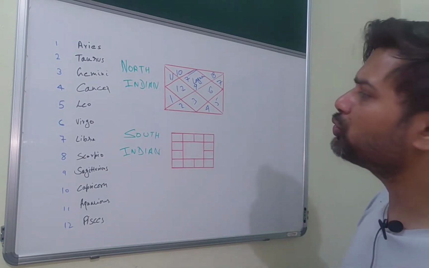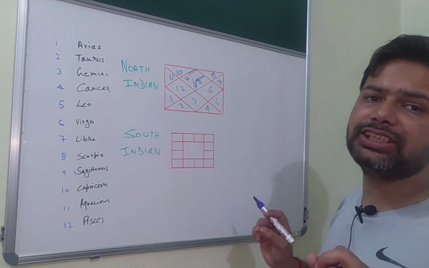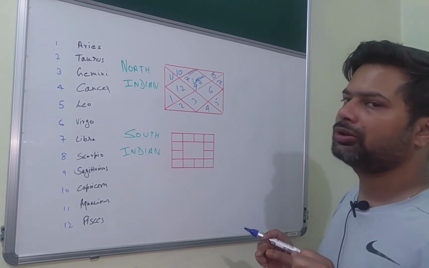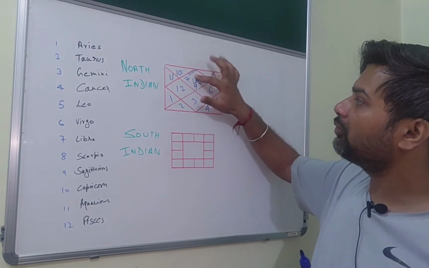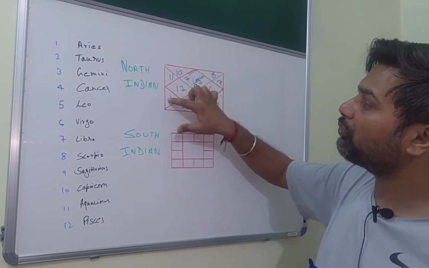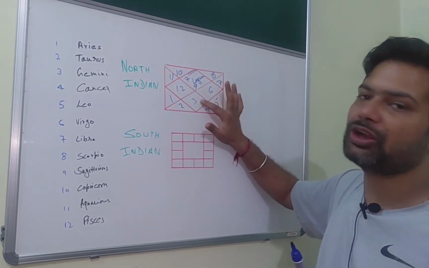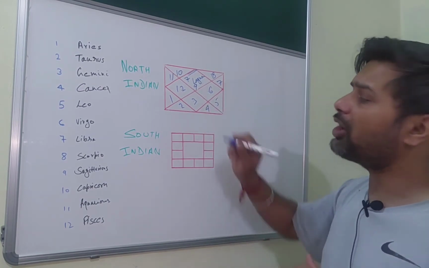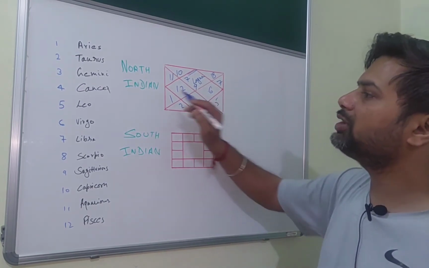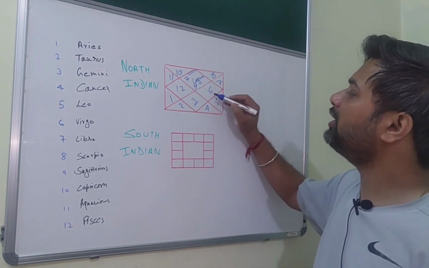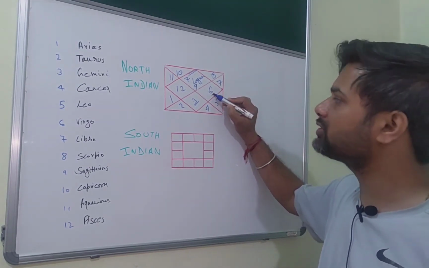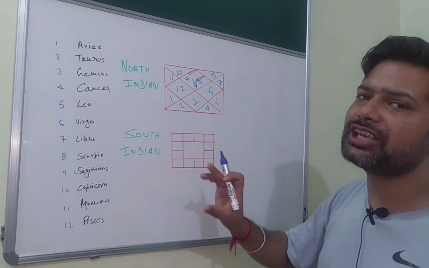Now, if someone asks you, what is the Rasi in the 7th house? First we will see which is the 7th house. Lagna, 1, 2, 3, 4, 5, 6. This is the 7th house. In the 7th house, it is written 3. It means Gemini Rasi. In the 10th house, it is written 6. So, in the 10th house, which is the Rasi?